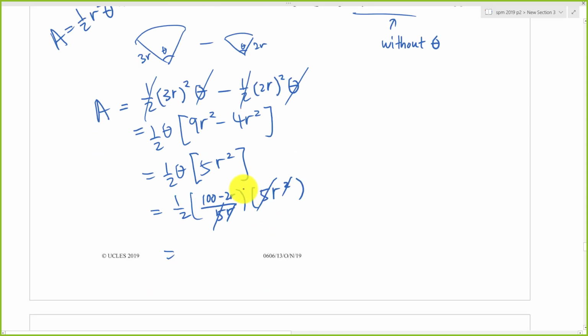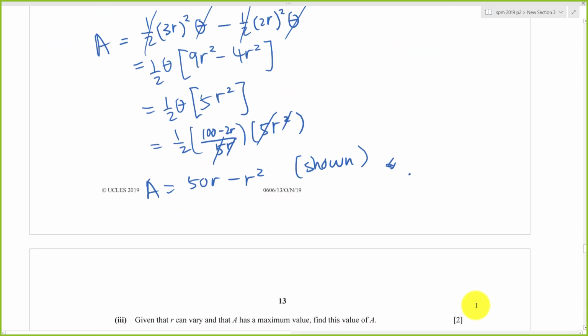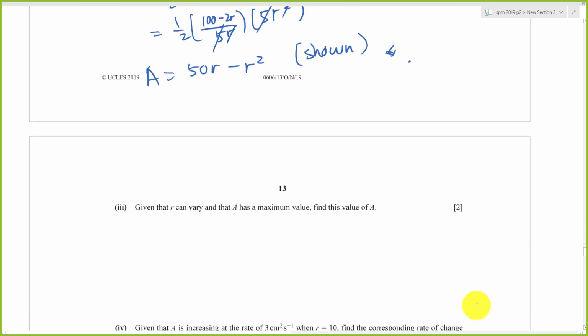Then half, and this is 102, both can divide by 2, right? So I get 50R minus R squared. This is what they asked me to show, so I will write shown. Alright, just like that, 2 marks. Just a lot of work for this 2 marks.